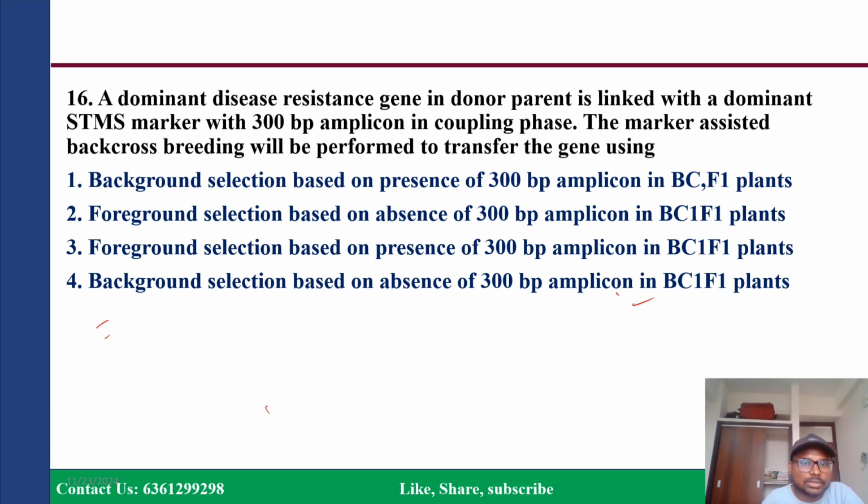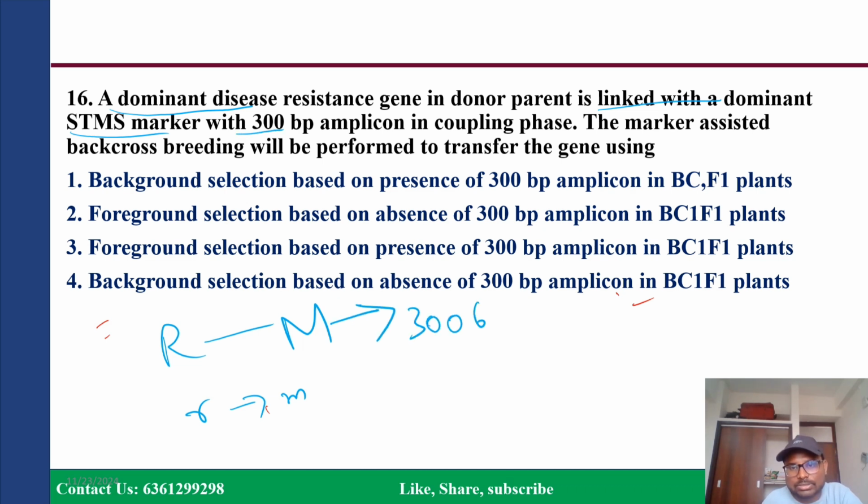See, a dominant disease resistance R gene is linked with a dominant marker, and small r is linked with a small r marker, with the marker showing 300 base pairs.